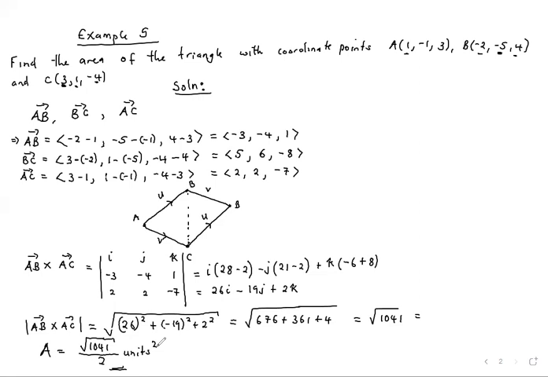So whenever you're asked to find the area of a triangle, you go for the area of the parallelogram and then divide that area by 2. To get the area of this parallelogram, you get the cross product. The cross product is just the determinant of the 3 by 3 matrix, whose first row is ijk, the components of the vector.